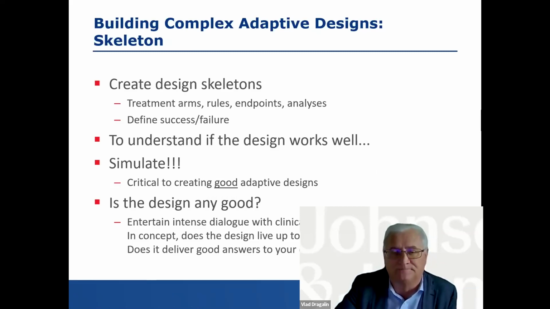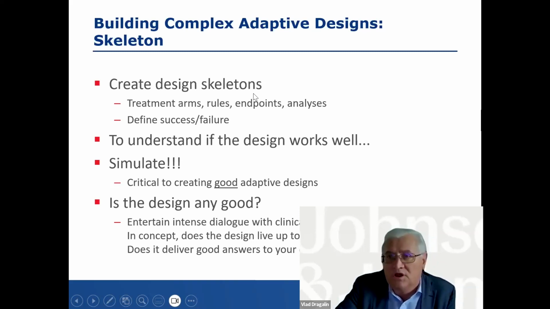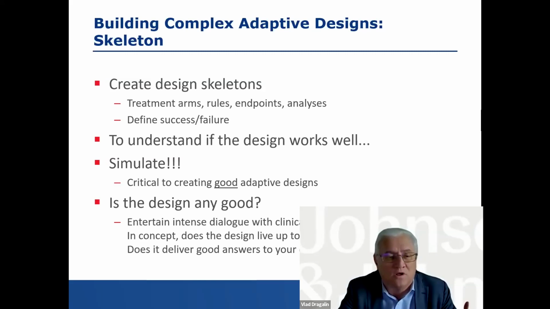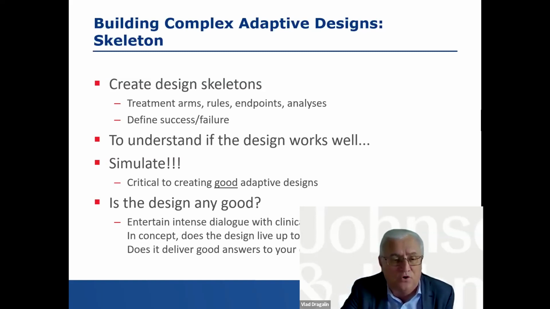The next step is to create a so-called skeleton. You don't need from the very beginning to write a program or set up a lot of assumptions and a lot of options. It's good to start with something simple, which is called a skeleton. Then you quickly screen different design options, dropping those that show on this skeleton framework that they are losers, and you focus on the designs which are good competitors.